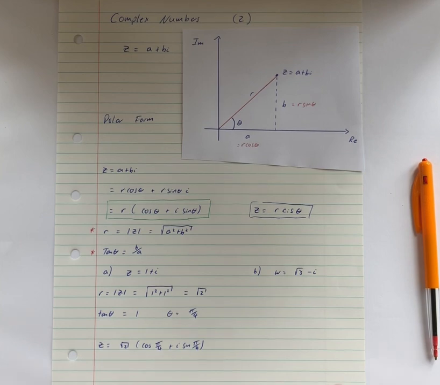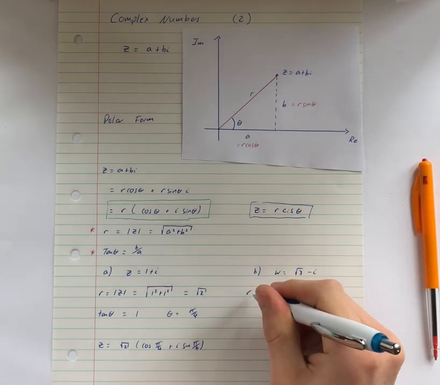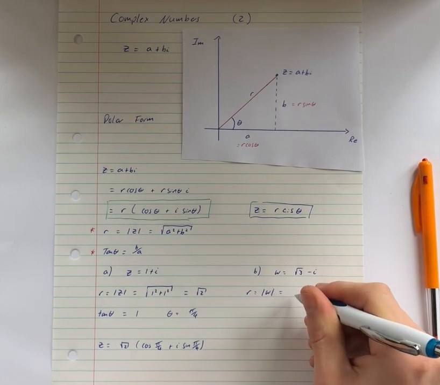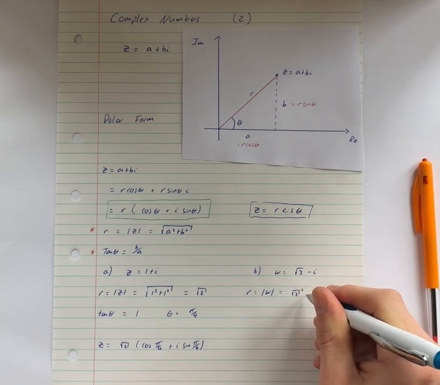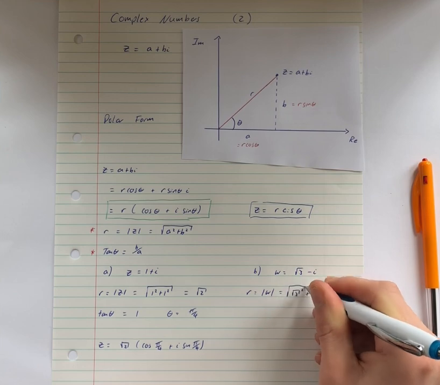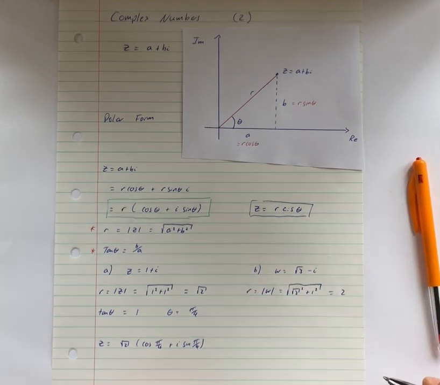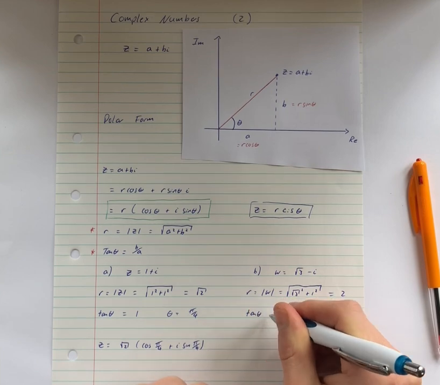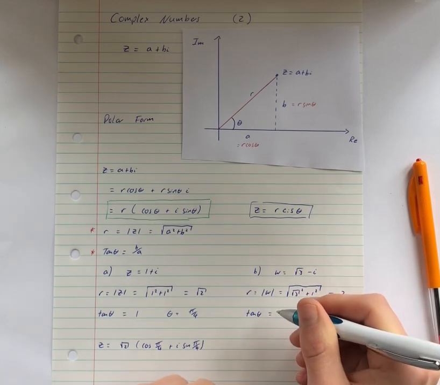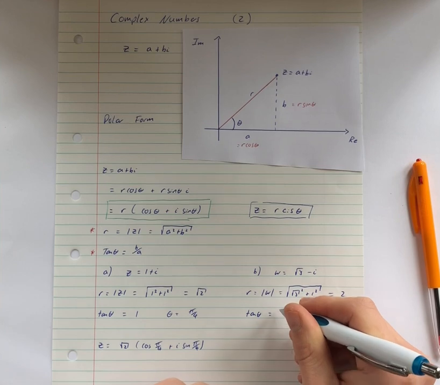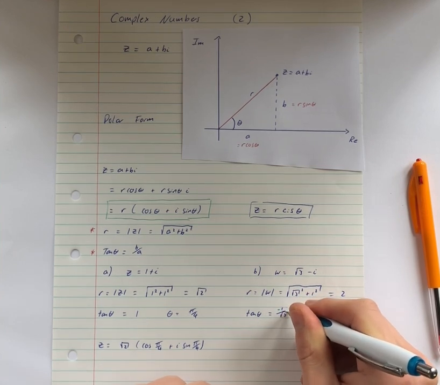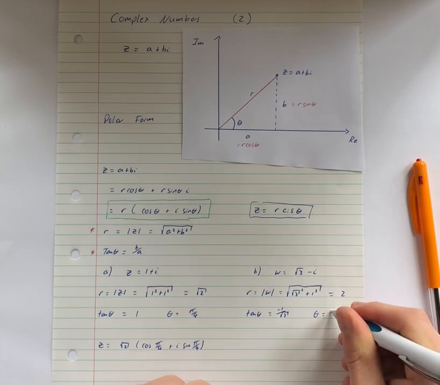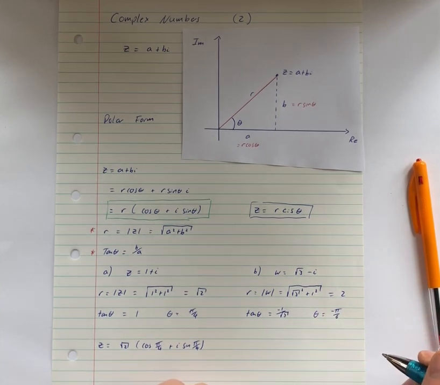Let's look at w. It's just slightly trickier. R is the modulus of w, or the absolute value, which would be root 3 squared plus 1 squared all square rooted, which is 2. And tan theta is going to be -1 on root 3. I might just leave this to you to solve, but theta needs to be -pi on 6.